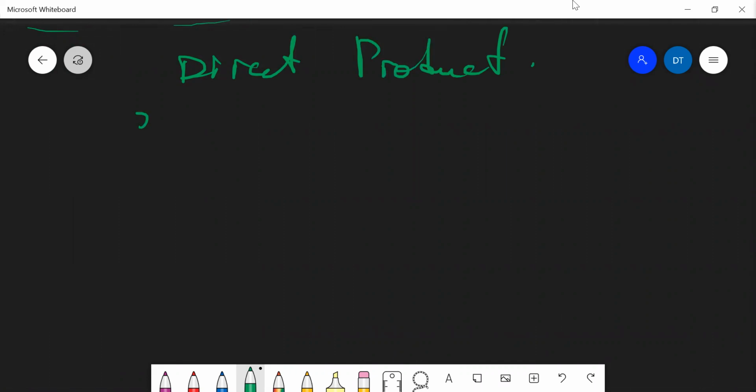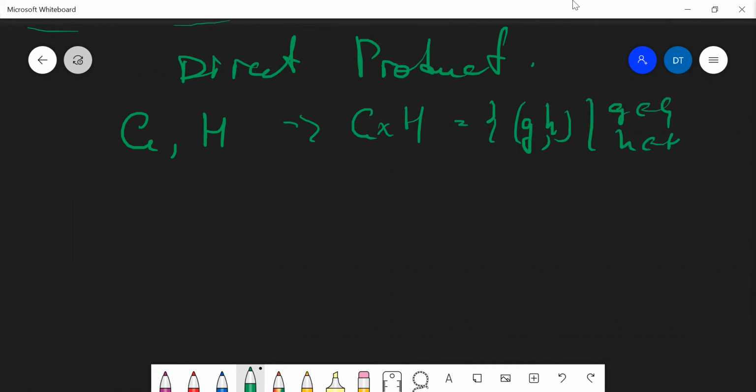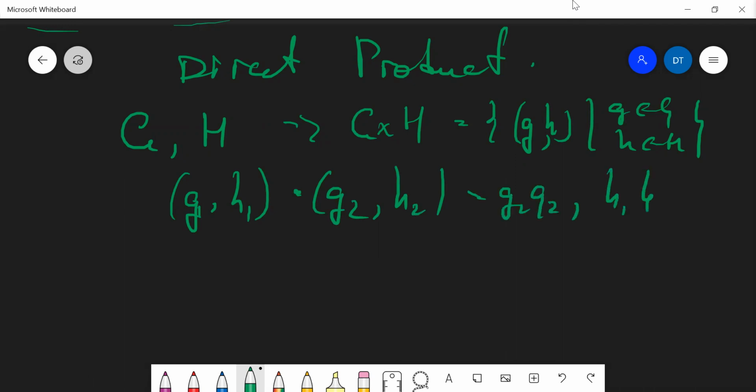When we are given 2 groups, G and H, we can produce the Cartesian product, which consists of all possible pairs. And the operation is the element-wise operation. So when you have (g1, h1) times (g2, h2), you will get (g1g2, h1h2).